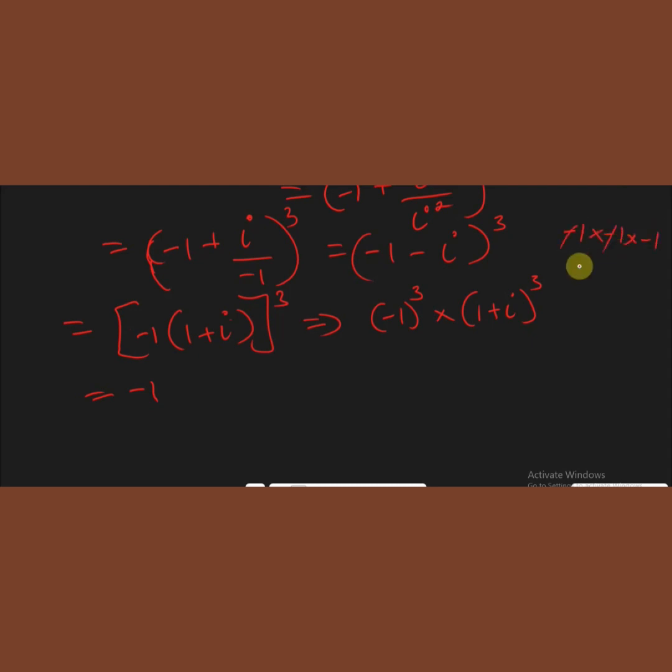Minus will cancel out minus, 1 times 1 is 1, 1 times minus 1 is minus 1. Okay? So that is it. So then bracket 1 plus i raised to the power of 3, this is the same thing as minus bracket 1 plus i raised to the power of 3.